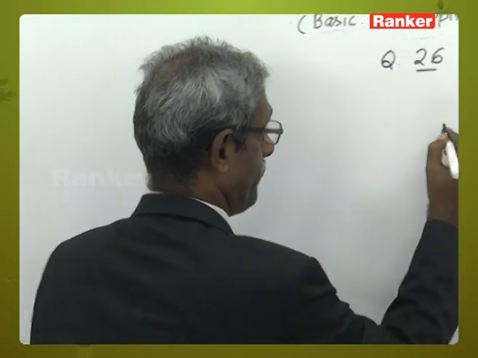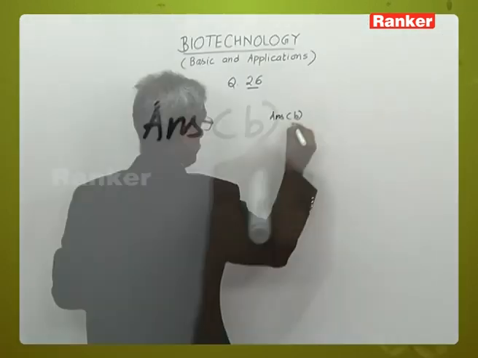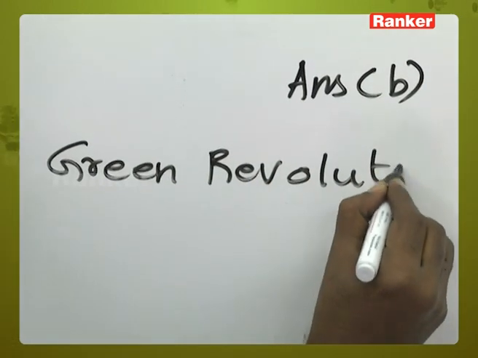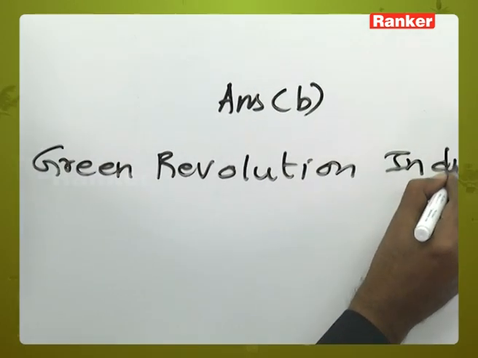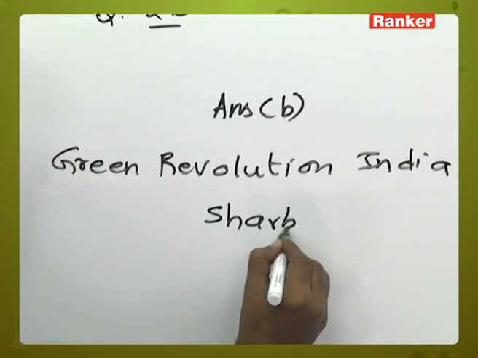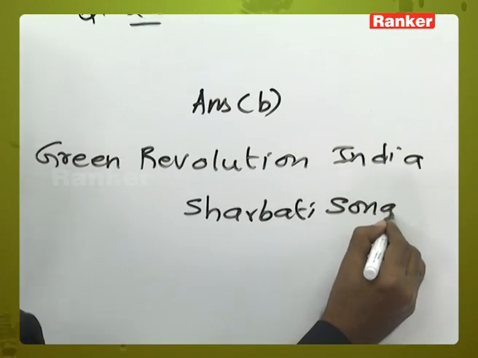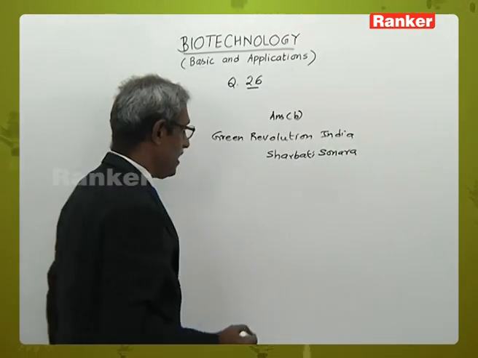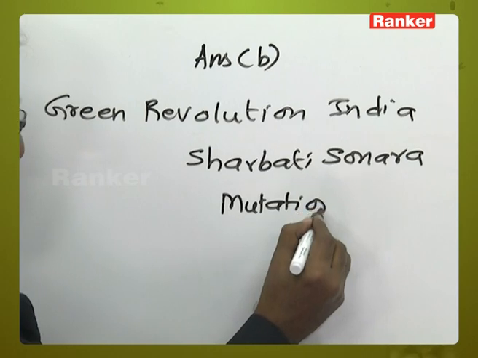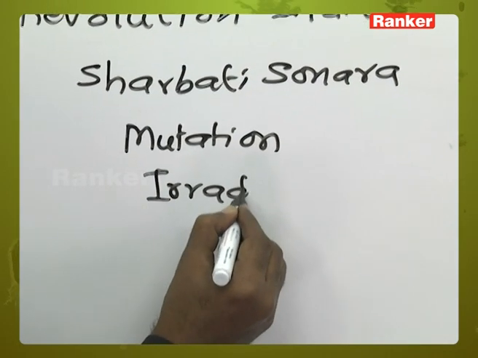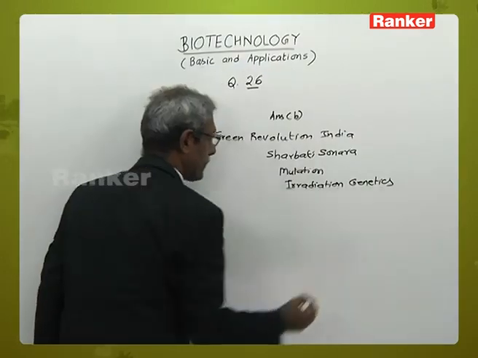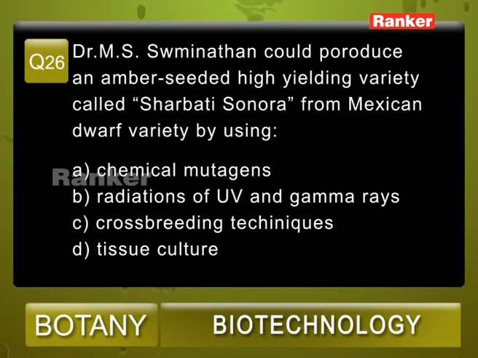Hence, the answer is B. The Green Revolution in India is related to Sharbati Sonara, which has been primarily developed by mutations and by irradiation genetics. The answer is B.